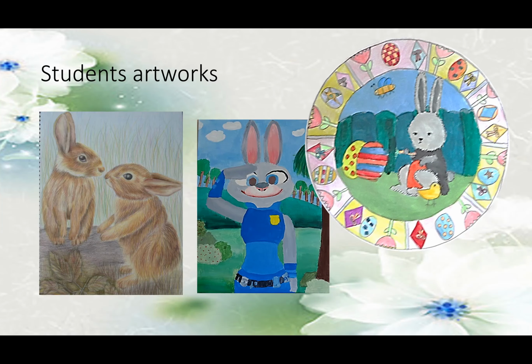Here we have the students' artwork that has the basic elements of the bunny. First, the one on the right is our color pencil design that has the long ears and the fluff very accurately represented. The middle one is a painting of the animation that also has the long ears.